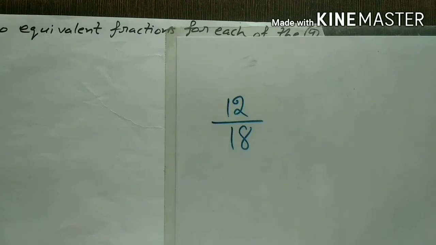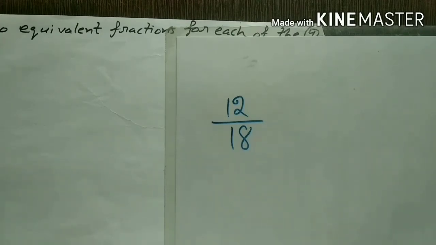If I multiply both numerator and denominator by the same number, then the resulting fraction will be equivalent to the earlier one. In place of multiplication, I can divide the numerator and denominator by the same number. Then in that case also I will get an equivalent fraction.